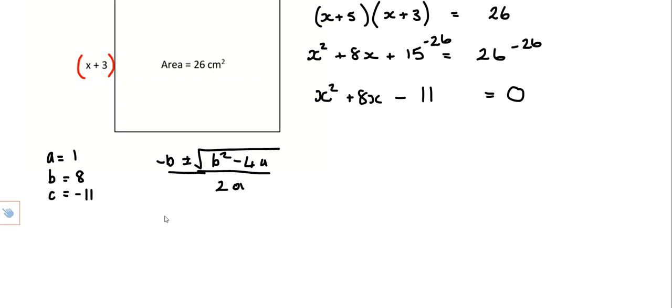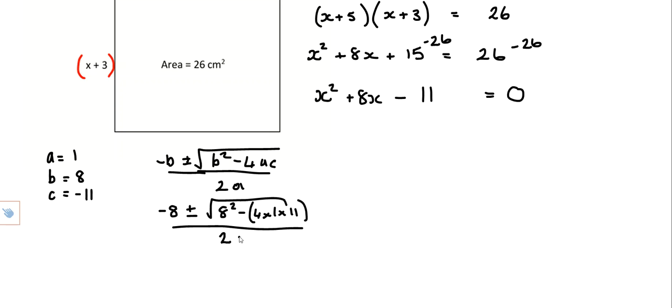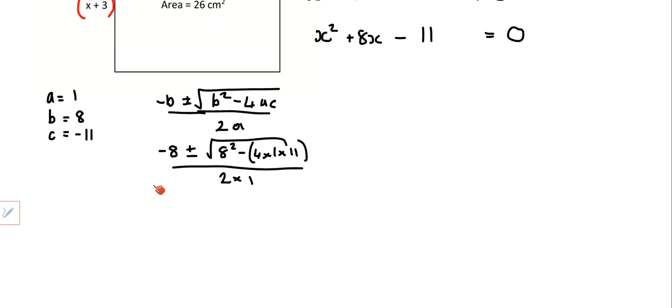So then we've got minus 8 plus or minus the square root of 8 squared minus 4 times 1 times negative 11, all over 2 times 1. Wait, would it be that negative 11? Yes, it would be negative 11.